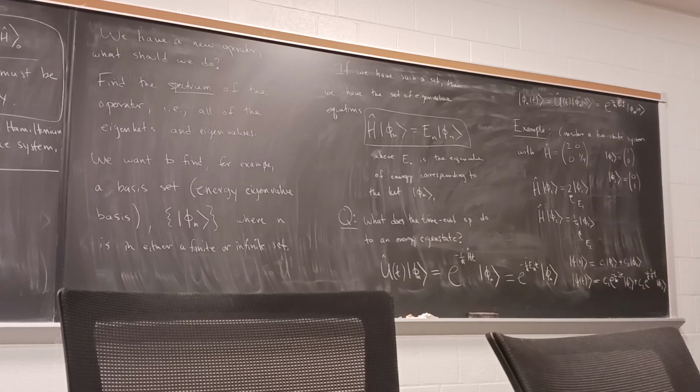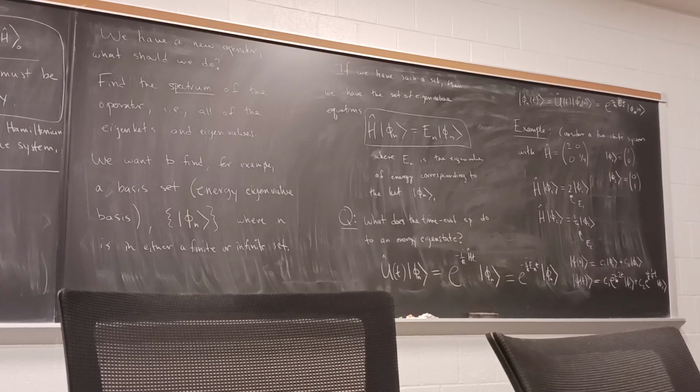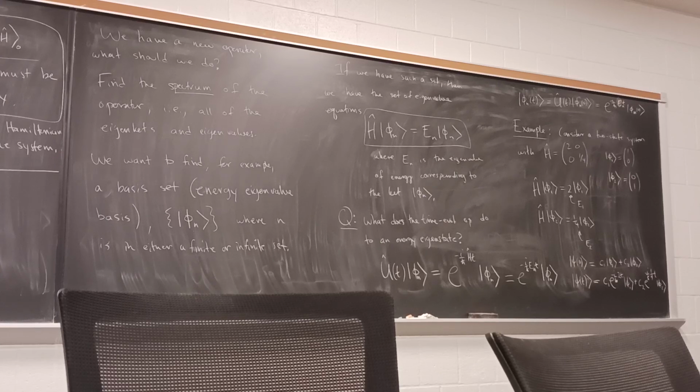So depending on your time evolution operator, H is the generator. So depending on your generator, the different states wobble at different rates over time.